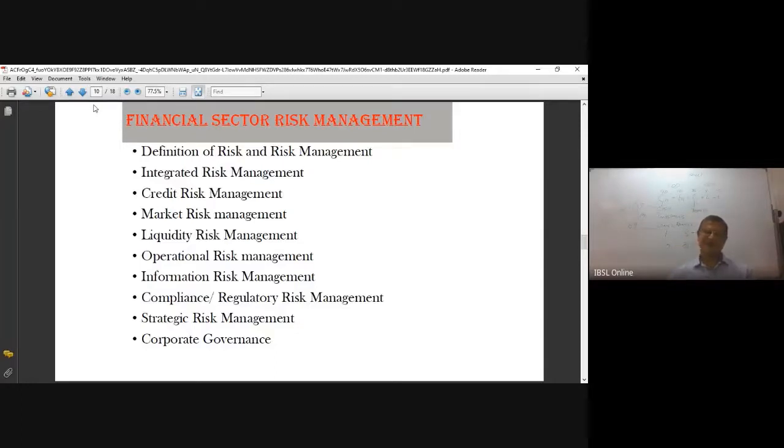Then finally, I am going to touch on another major area, which is corporate governance. Corporate governance is how your ownership or your board of directors behave in managing the risk component of the bank while doing business. This is one of the major areas nowadays because the board is directly involved in risk management, and therefore a subcommittee is appointed by the board of directors.